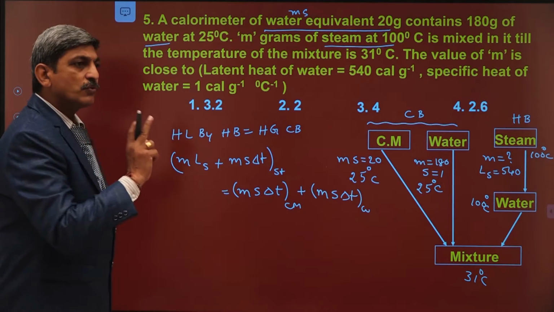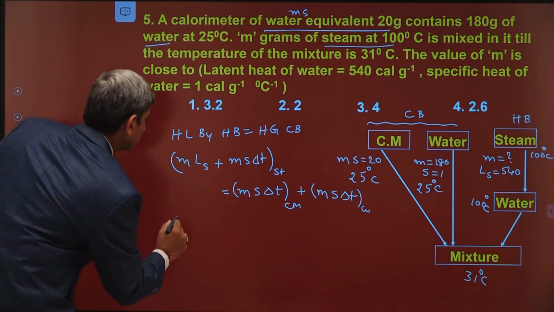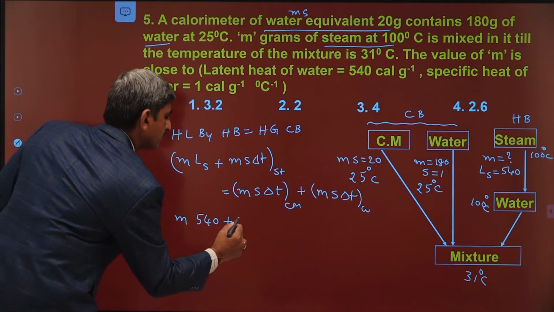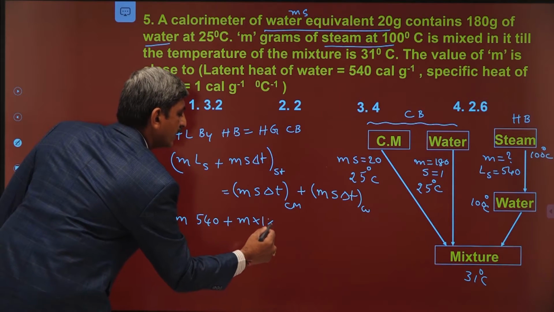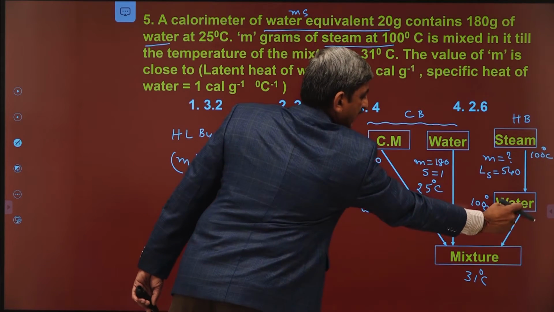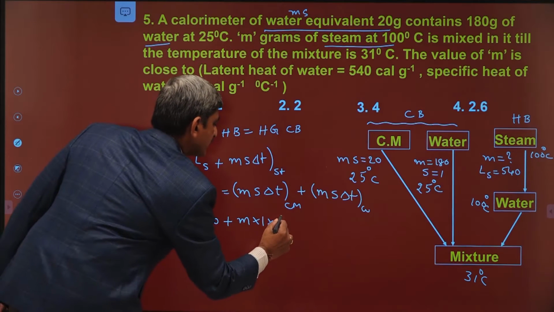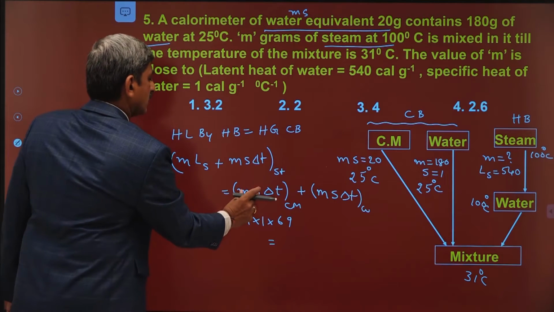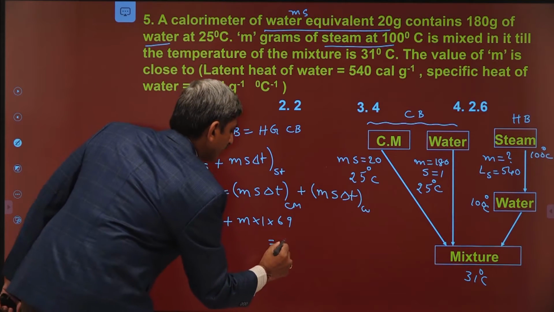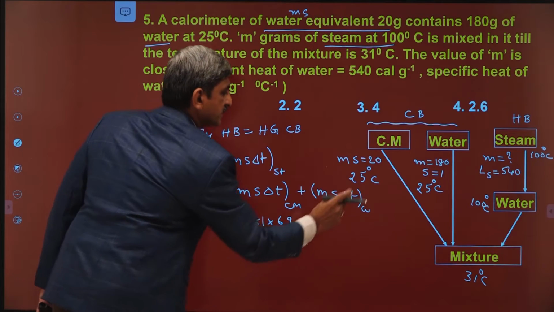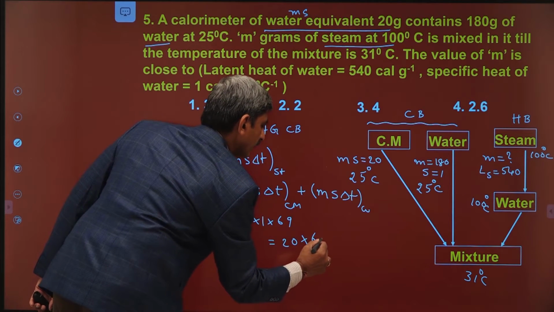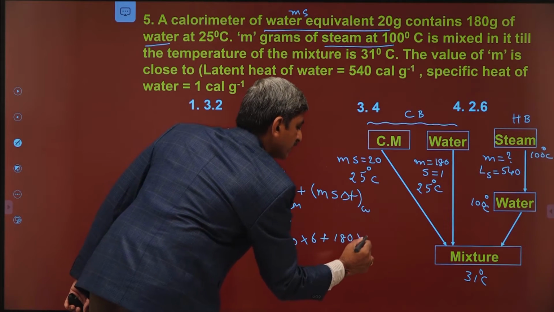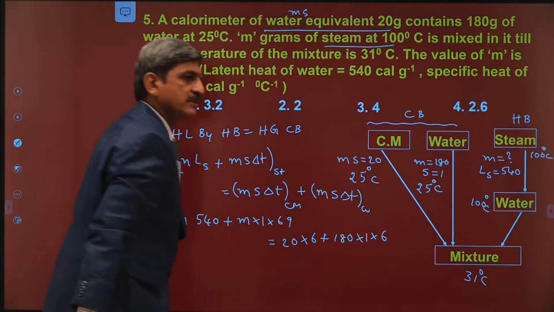The only unknown is the mass of the steam. This is m into 540 plus m into 1 into the change from 100 to 31, a difference of 69, is equal to the thermal capacity of the calorimeter, 20, into the change in temperature, 6 degrees, plus the mass of the water, 180, its specific heat, 1, and the change in temperature, 6.